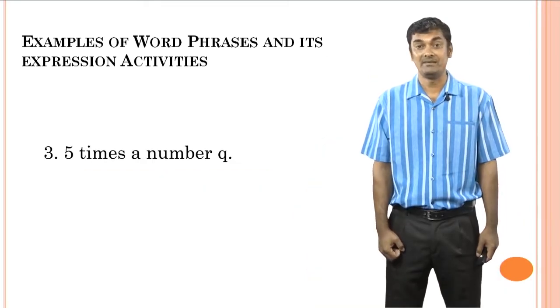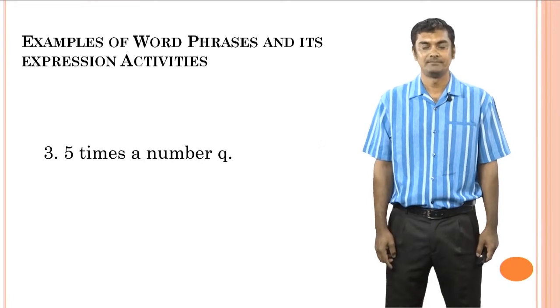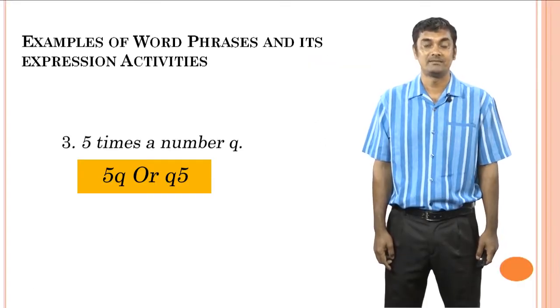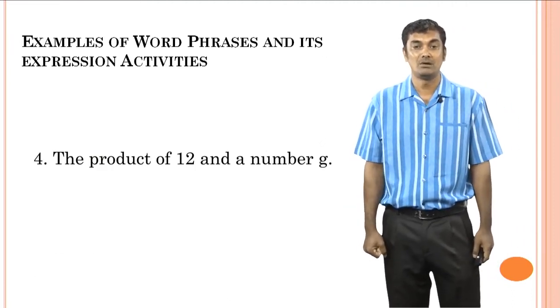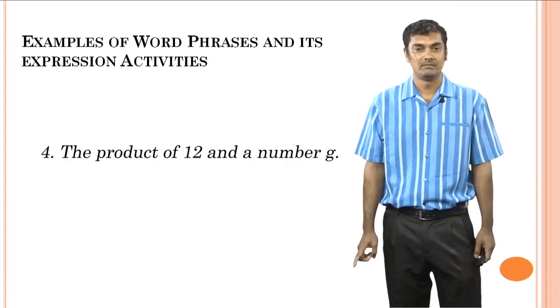Next example, 5 times the number q. Measuring my time again. Excellent, it's 5q or q5. Another example, the product of 12 and a number g. Key term, let me hear that.